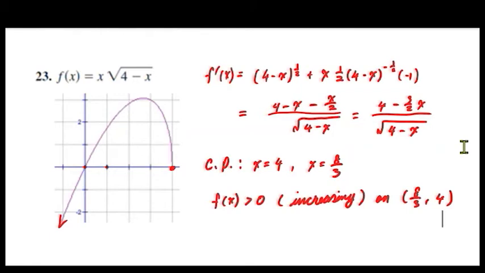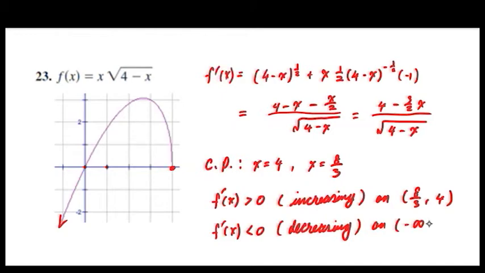Okay, and f prime of x is negative. That means it's decreasing on, and this one you can put negative infinity to 8 over 3. Isn't it the other way around?